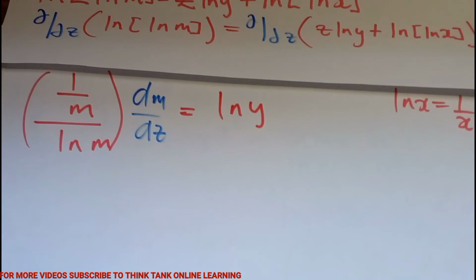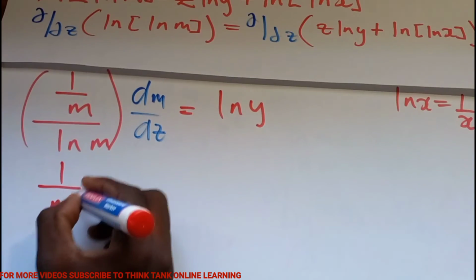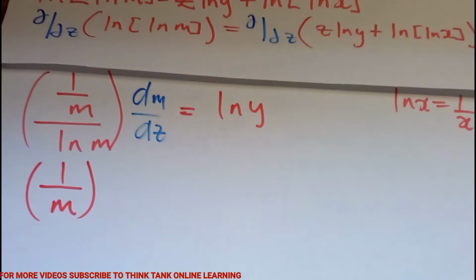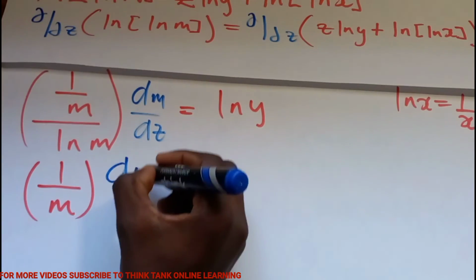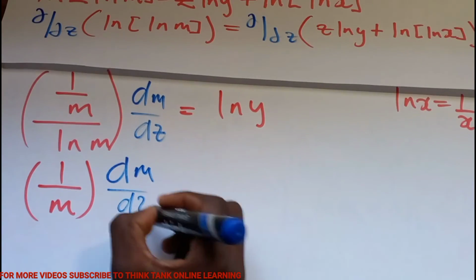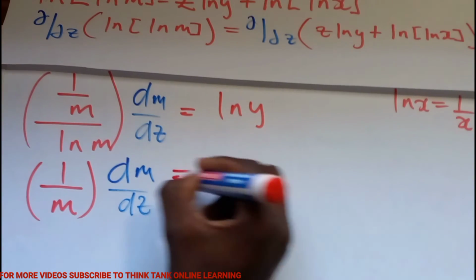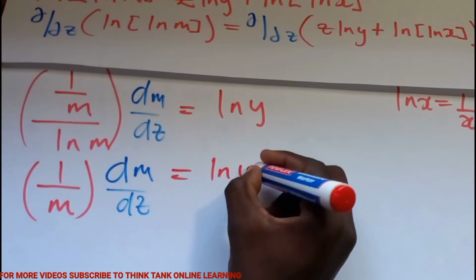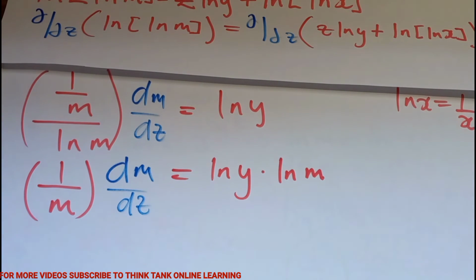Now we're going to multiply both sides by ln m. I'm going to be left with 1 over m dm/dz, and this is equal to ln y times ln m.